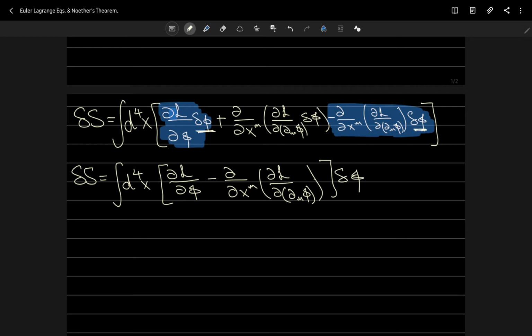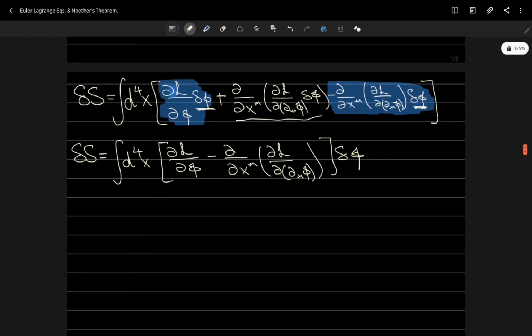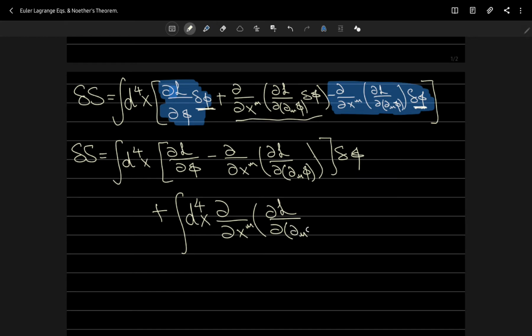So that's like this. And we also do not forget that we have this term, so let's write it down separately. That's plus the integral d^4x ∂/∂x^μ of ∂L/∂(∂_μ φ) δφ.